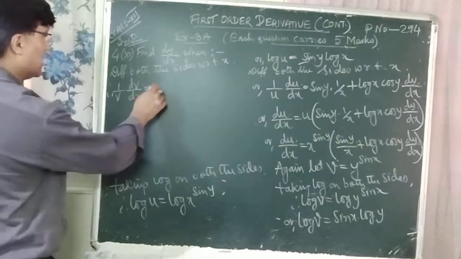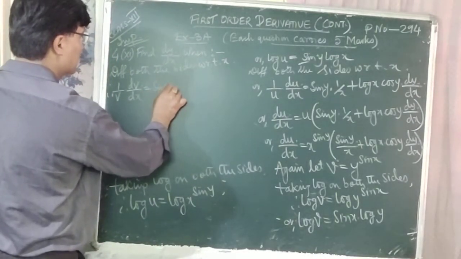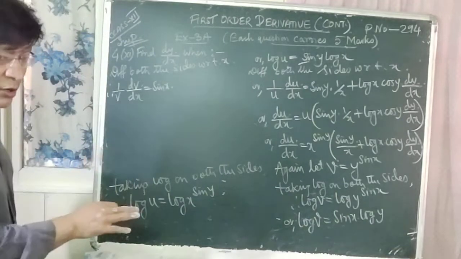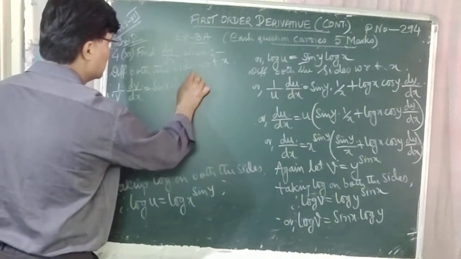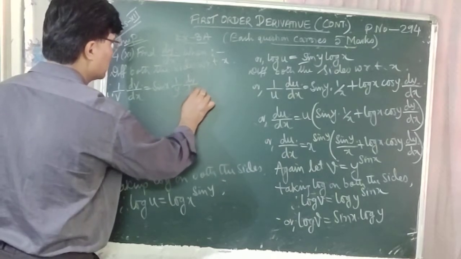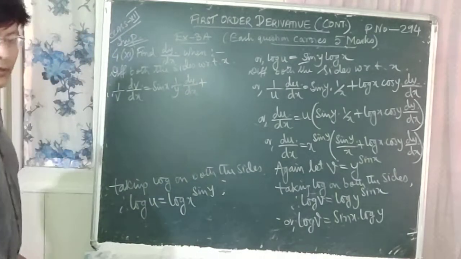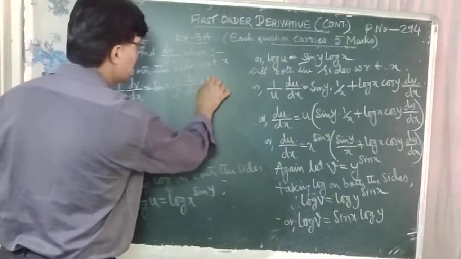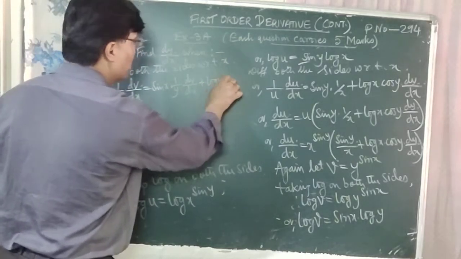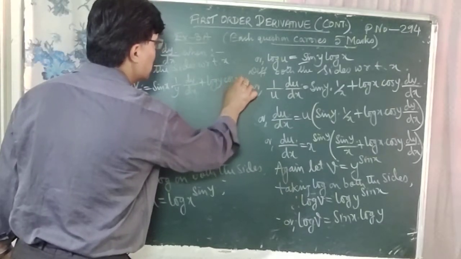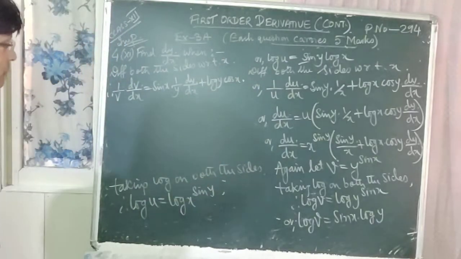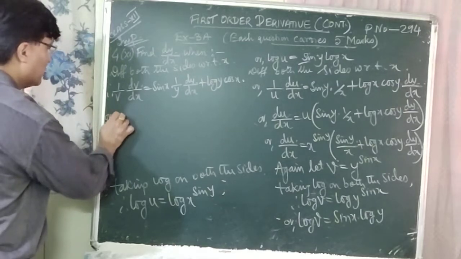Sin x is kept as it is into the differentiation of log y with respect to x, which is 1 by y into dy by dx, plus now log y is kept as it is. Now we have to differentiate sin x. What is the differentiation of sin x? It is cos x, okay? Now get the value for dv by dx.